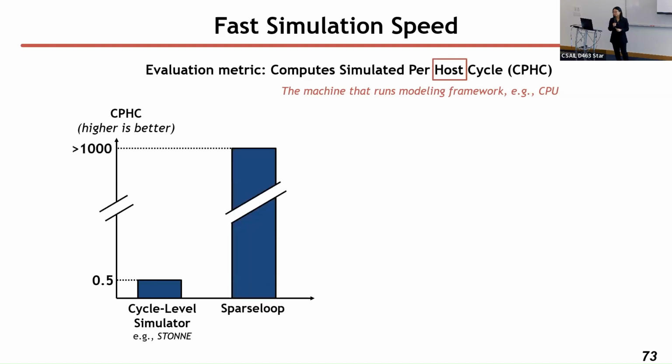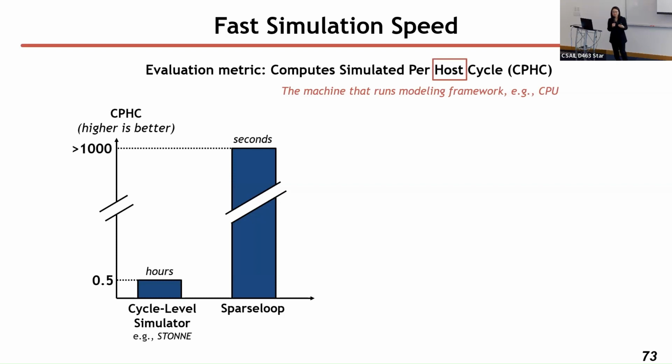For Sparseloop, we are able to achieve more than 1,000 CPHC for the workloads and accelerators that we have evaluated. This is due to the fact that we don't really traverse the exact workloads and we don't simulate a lot of the hardware details. So for example, if you simulate the workload, it will usually take hours.